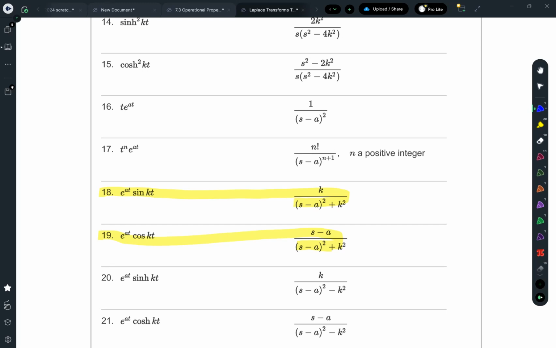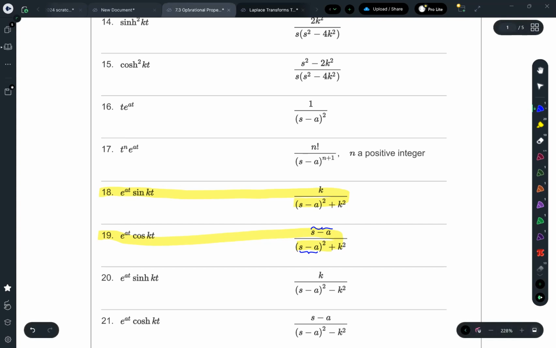But notice the numerator, we have 3s minus 2, and the options here are k and s minus a. We have a little bit too much going on, but I want you to notice for number 19, for the e to the at cosine of kt, in the denominator is that s minus a, and that also shows up in the numerator. So the shift has to show up in both places where s shows up, okay?